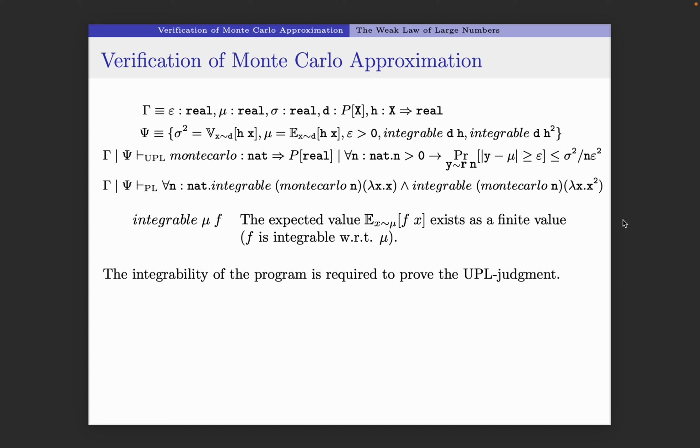This judgment means that the expected value and the variance of the program Monte Carlo exist as finite values. We proved this integrability because it is required to prove the UPL judgment, the weak law of large numbers.